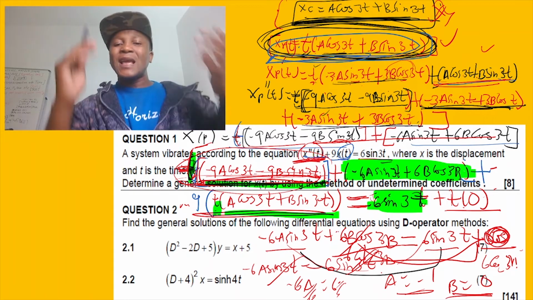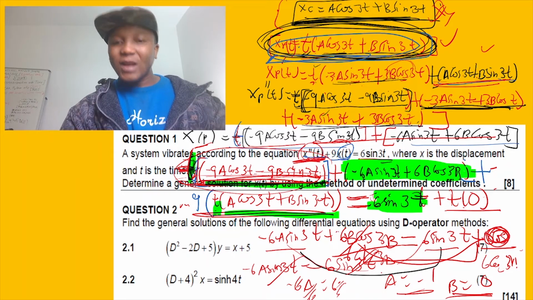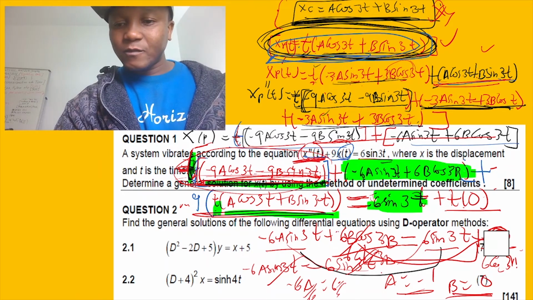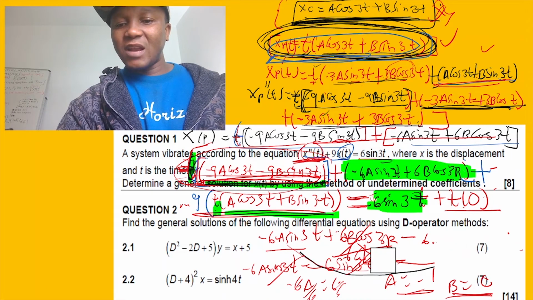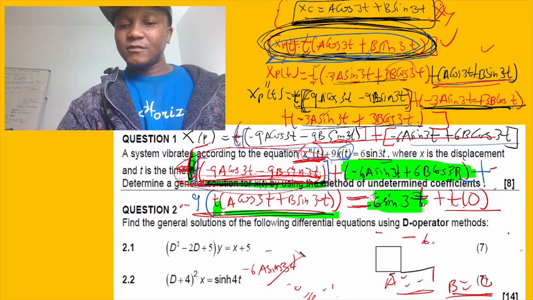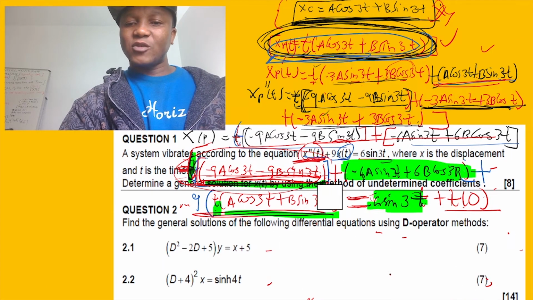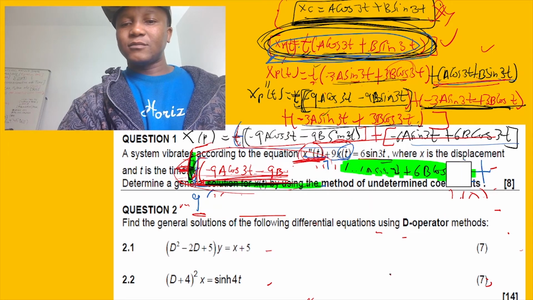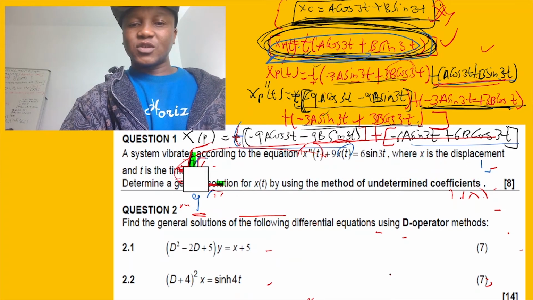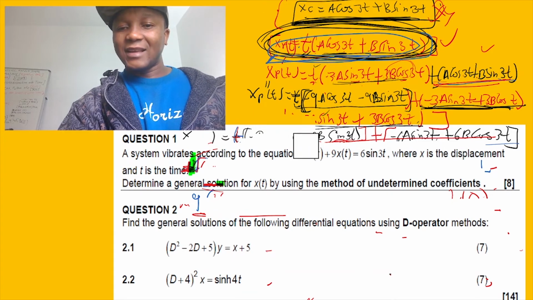So a equals negative 1, b equals 0. So for that case now, we know the value of a and the value of b. Let me just erase here, because you know a equals negative 1, b equals 0. That's what you need to know for now. Do not forget that. Never forget that.